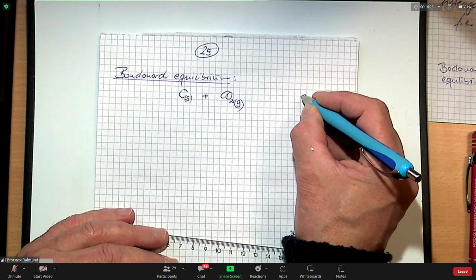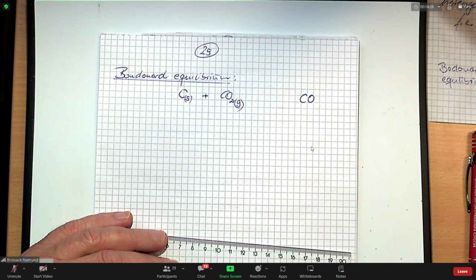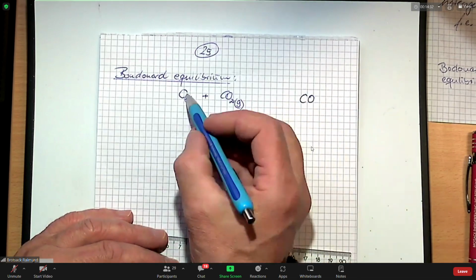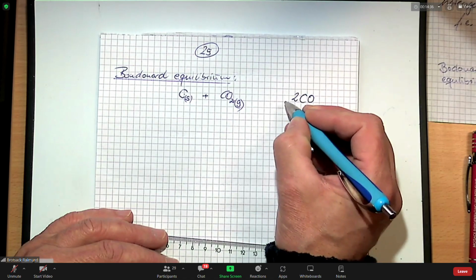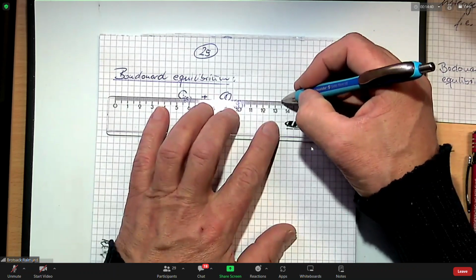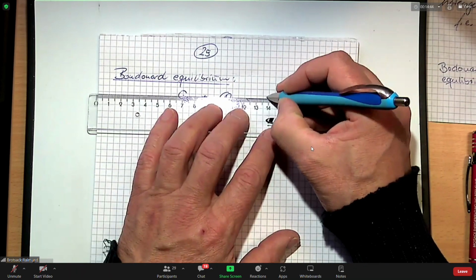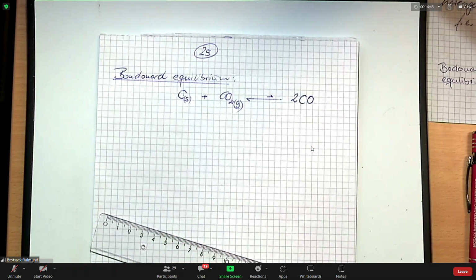It can react to carbon monoxide: C plus CO2 gives 2 CO. Normally it is totally on the left side, but at very high temperatures, it can be on the right side.